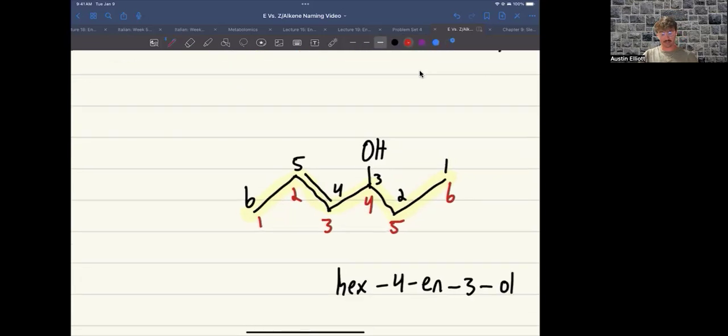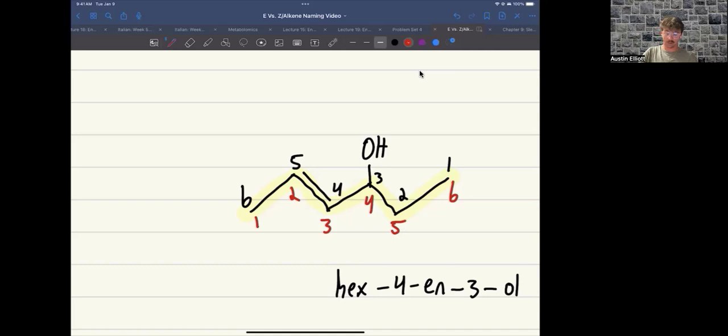Now it's time to check for E versus Z. So we have a double bond right here. We have our 2 sp2 carbons, which is great. And it looks like once again, no major groups or anything on there, but we need to add in those hydrogens. So we're going to have one going up here, and then one going down right there.